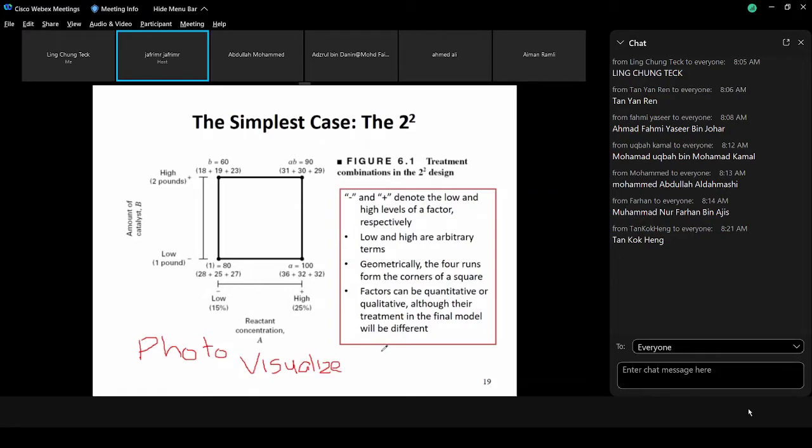I think this is very important. As an engineer or a FYP student, after internship, whatever you see, you must be able to see it in terms of graphical form or geometry.